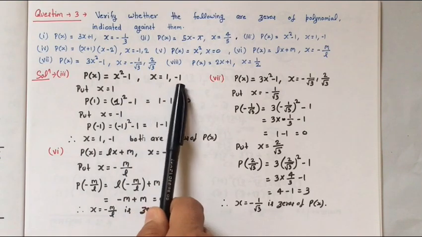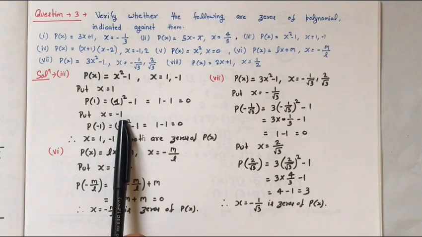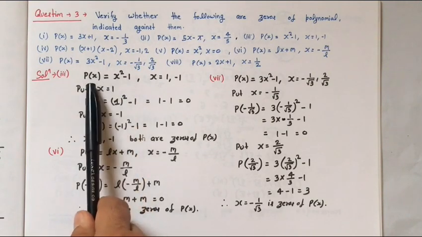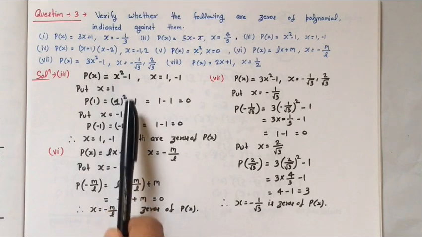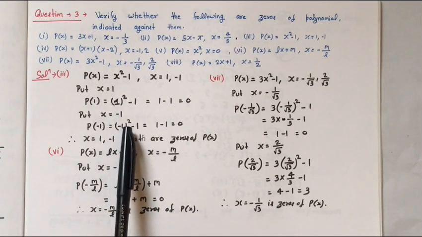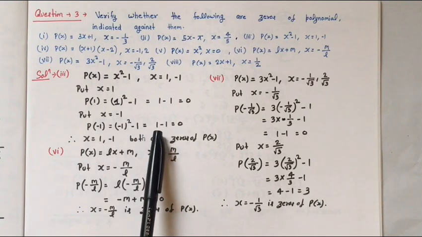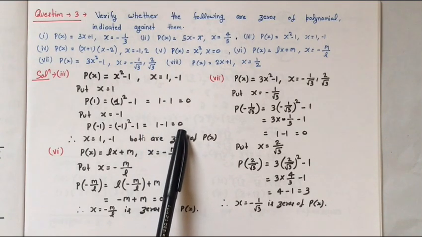Now take the second value, put x is equal to minus 1 in this given polynomial. Now p of minus 1 is equal to, in the place of x, minus 1 square minus 1 is equal to, after calculation it will also become 0.